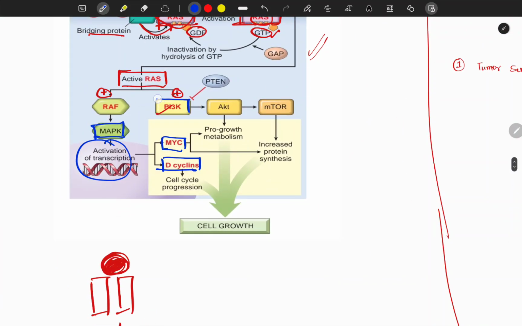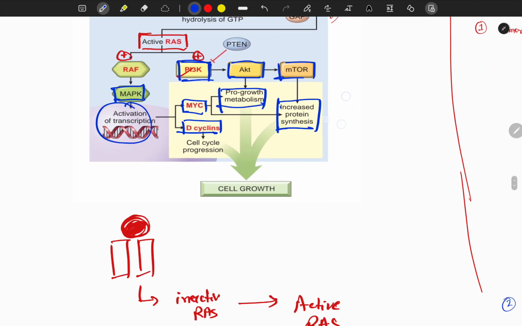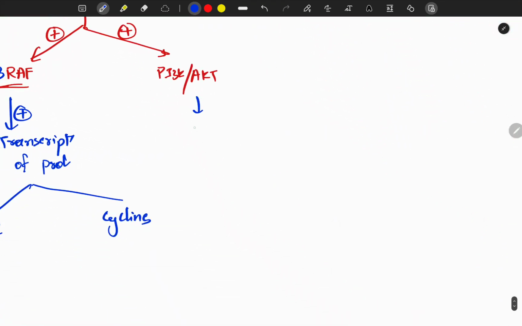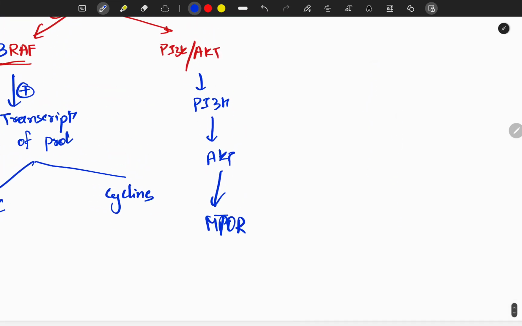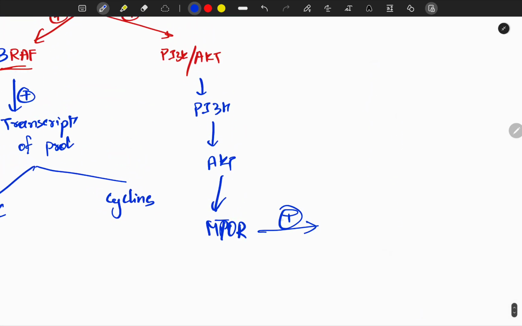Now your AKT pathway, on the other hand: PI3K will give AKT and mTOR. Just remember that, and it causes protein synthesis and pro-growth metabolism. So remember it as this: PI3K, AKT, mTOR. This is going to happen in the line, and this causes protein synthesis, which is important for your growth.